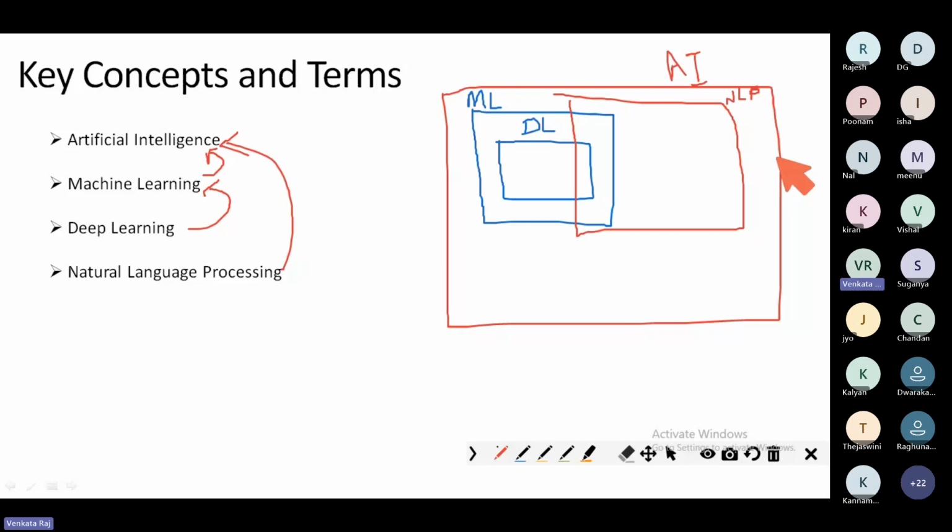Next comes the most important term which we are going to focus on, that is generative AI. Now, what is this generative AI? It is again a branch of AI. It utilizes machine learning, basically the deep learning techniques of machine learning.